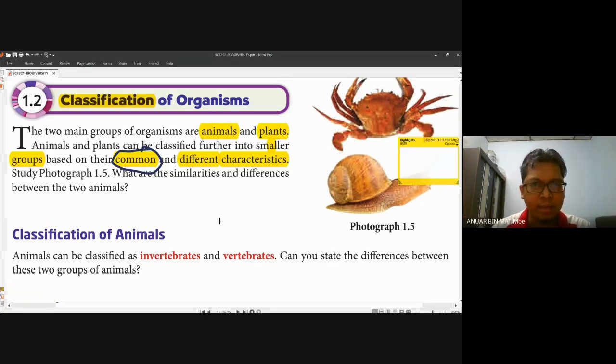We observe the organism and then we find out what is the common or the same characteristic of the organism. That is the number one reason why we need to classify. Classify means we want to group the organism into its own group. Number one is common characteristic, and number two is the different characteristic. That's why we need to classify the organism, into what we call classification.